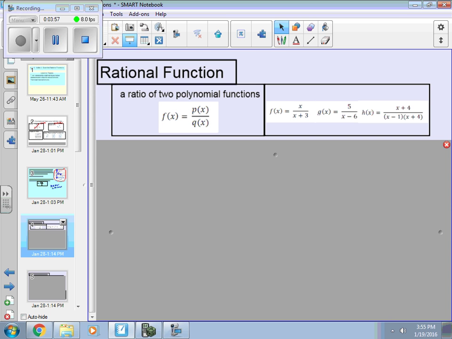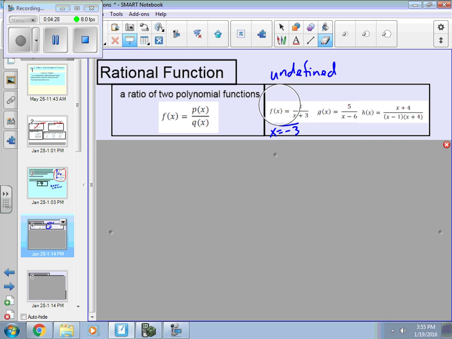So in this function F, there's a value that we would call undefined. Undefined means that you can't put that number in because we can't calculate it. In this one, it would be x equals -3. Because if we put -3 right here, -3 plus 3 is 0, and we can't divide by 0. Even though we have a -3 on top, we can't divide that by 0.